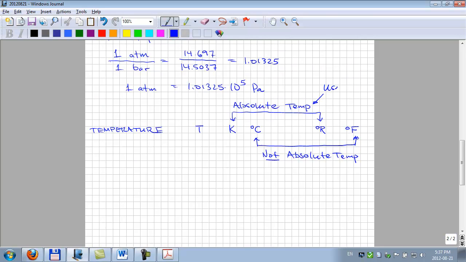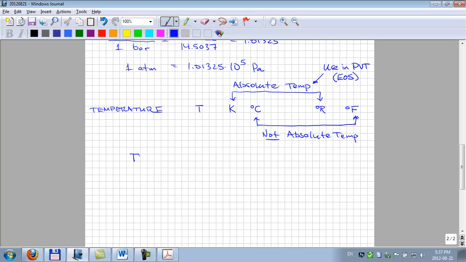What I'm just going to tell you is that you want to use this in your PVT calculations, and particularly the so-called equations of state, like the ideal gas law, the real gas law, any other equation of state. You generally want to use the absolute temperature.